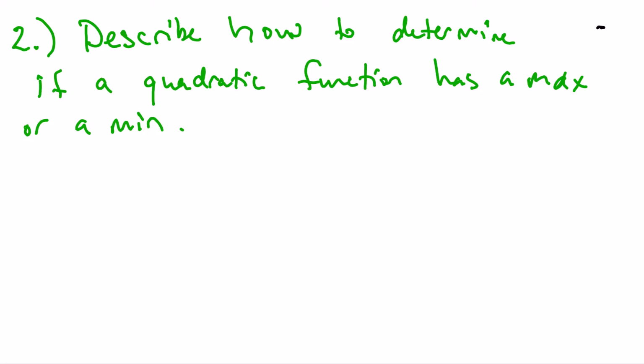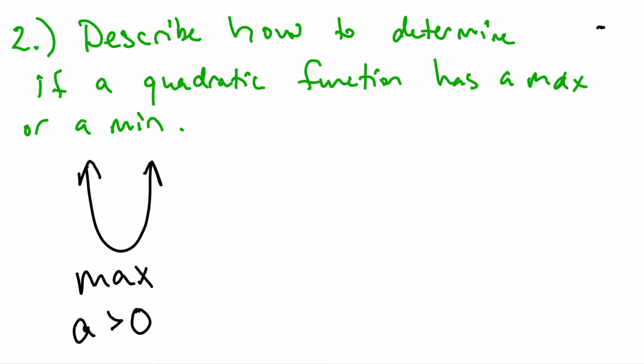Alright, so describe how to determine if a quadratic function has a max or a min. If it's a U, it's a max. Now remember, the shortcut is if your A is positive, that's how you know it's, I just totally messed up. That's supposed to say min, because it's got a bottom.